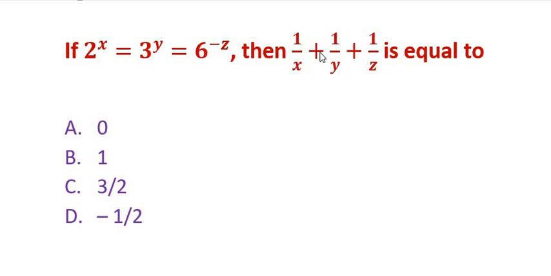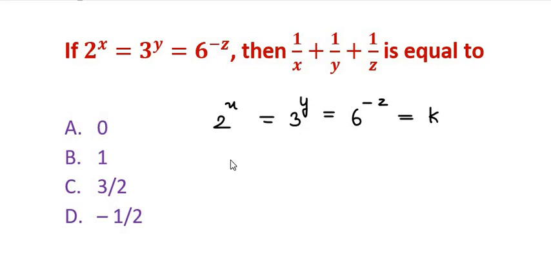Now what we are going to do is, let us take 2 to the power of x is equal to 3 to the power of y is equal to 6 to the power of minus z. Let them all be equal to some constant k.